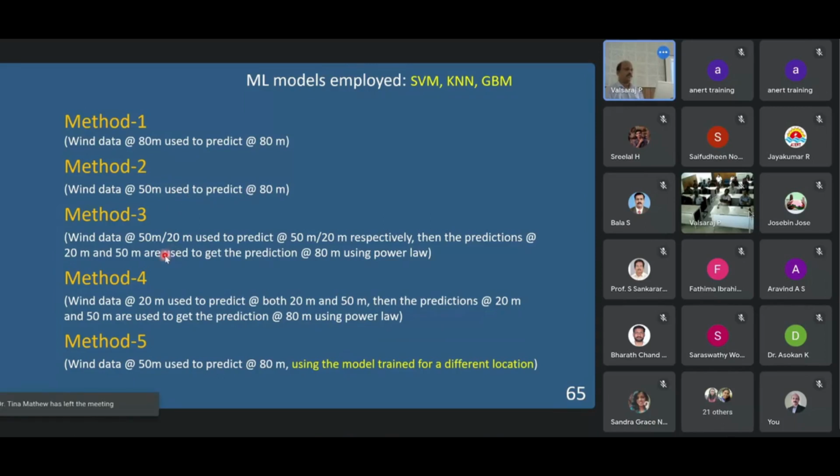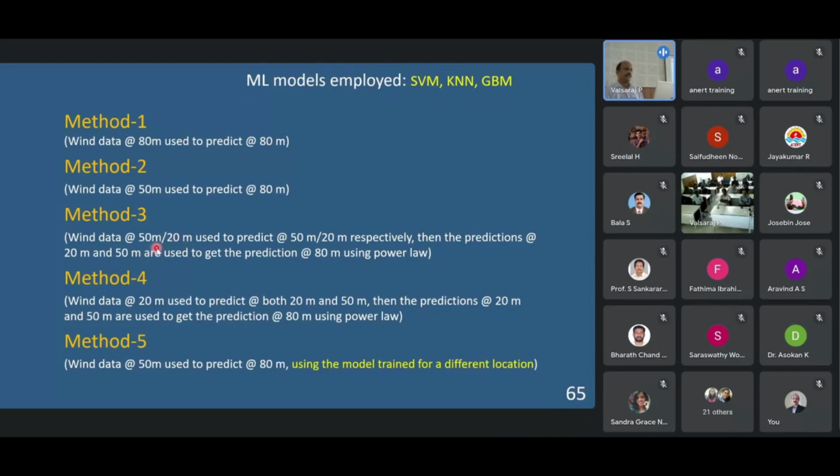The third one, here you have to install a reference mast for some time for the training period. After that, you need to retain only the 50 meter mast. Here again, the third one is you need not install a reference mast.